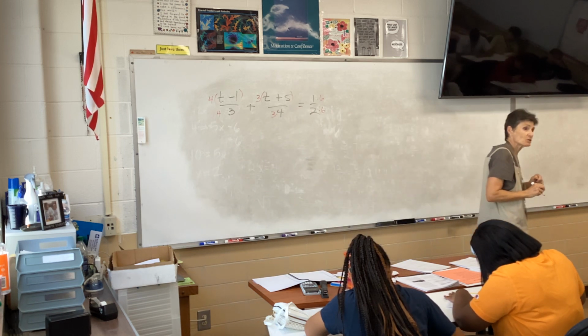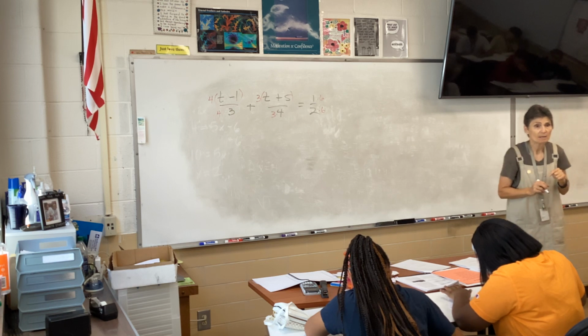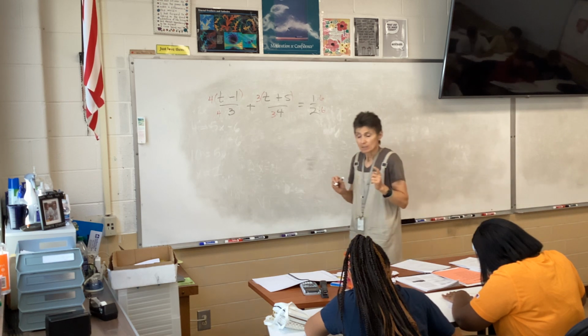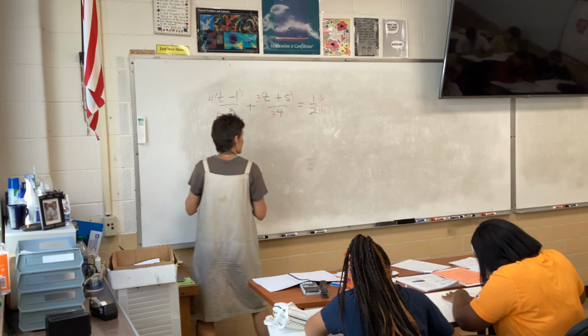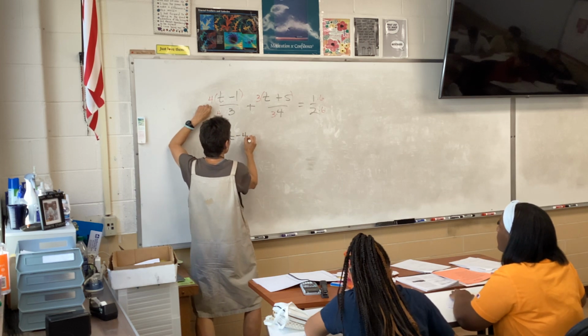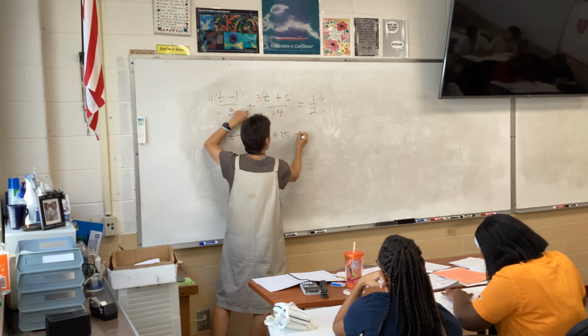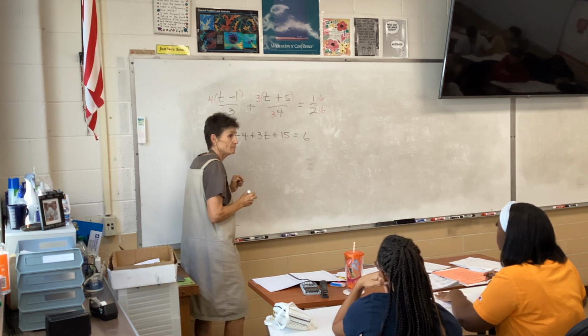Yes. So as Jake said, as soon as you get all the denominators the same, you can just ignore them. So now you have no more fractions. Now all you have is 4t minus 4 plus 3t plus 15 equal to 6.